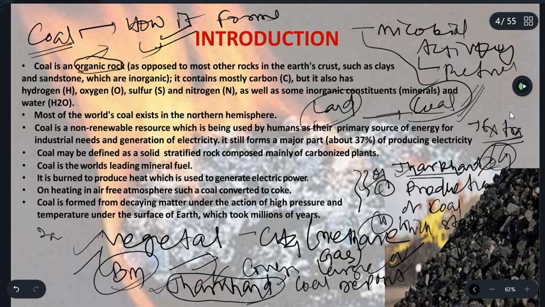Can anyone tell me? Is it an organic rock or an inorganic rock? Organic rock, not inorganic. Yes, but you can find different types of inclusion or secondary deposit in coal. Am I right or wrong?